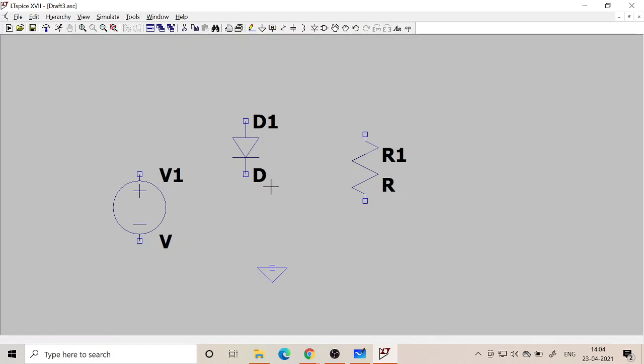Okay, so now if you want to rotate it, what you need to do is you go to this icon which is written move, click on that, and then bring it on top of whichever component you want to rotate. Click one more time, then apply Control R. One time when you apply Control R, it will rotate by 90 degrees.